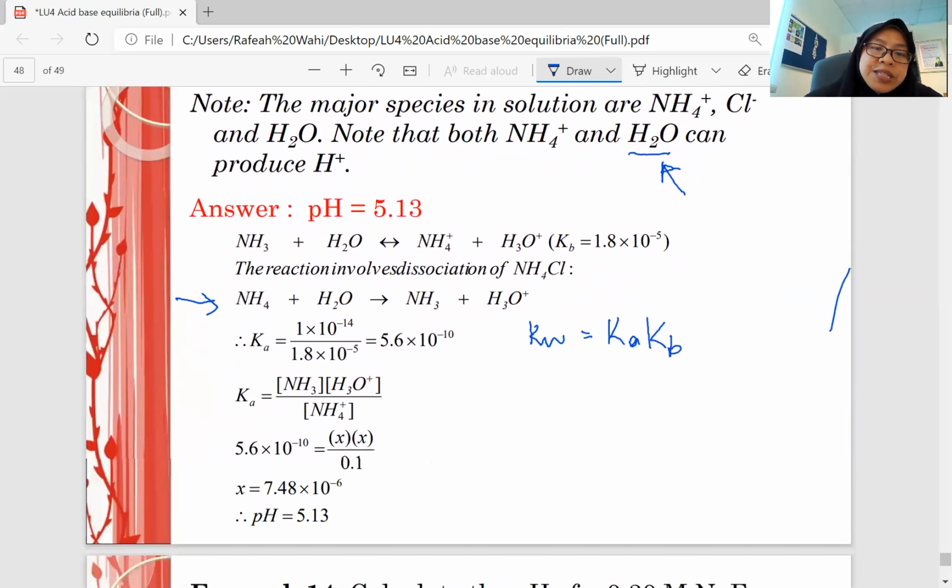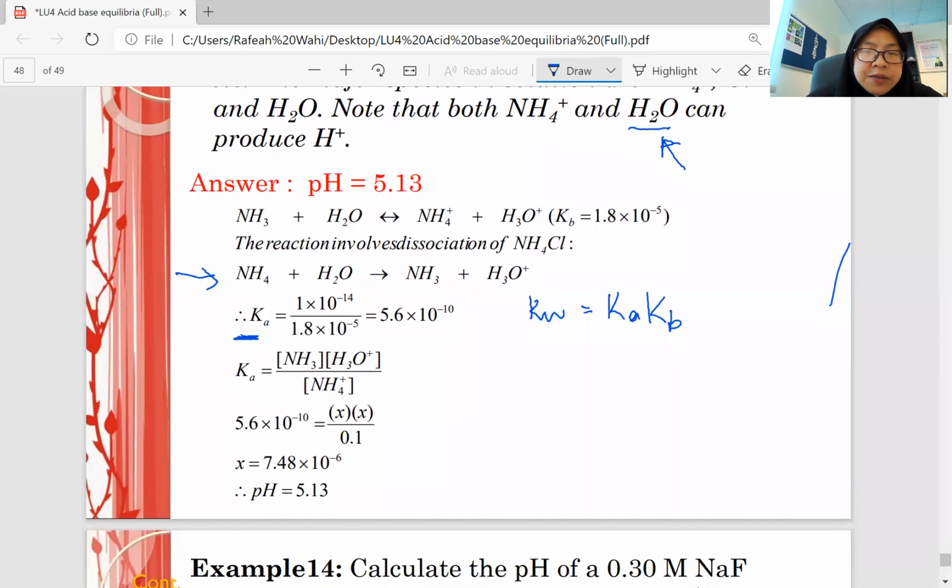So you want to use Ka. You find Ka first. From there, you use Ka expression, which is Ka equals the concentration of the conjugate base times the concentration of hydronium ion divided by the concentration of the acid.